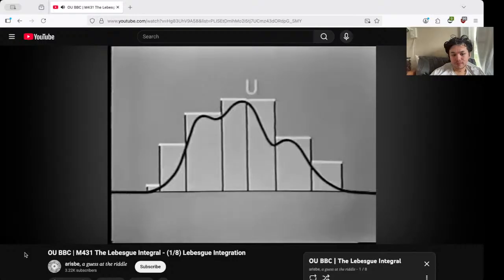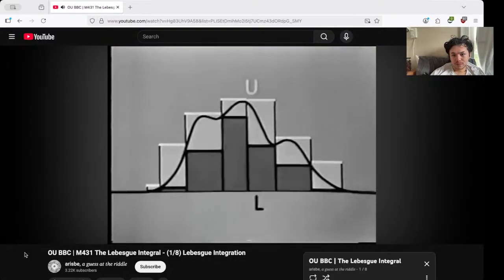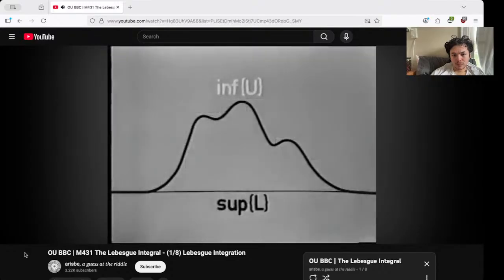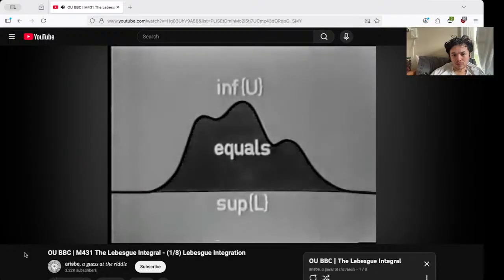In the same way, we take the greatest lower bounds and get the lower sum L. We then consider U and L for all possible partitions and take the infimum of the U's and the supremum of the L's. We say that the function is Riemann integrable if these numbers are equal and their common value is the value of the integral.